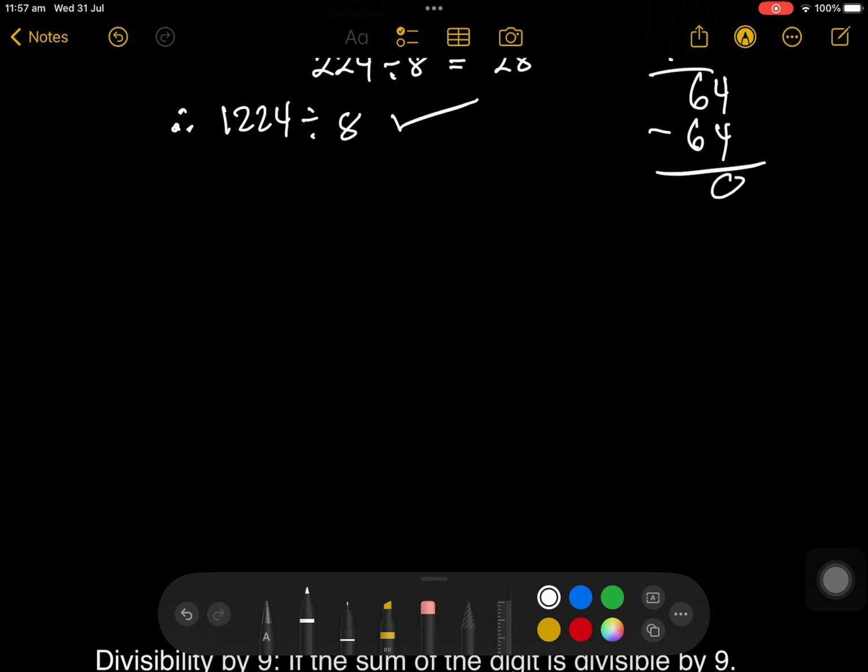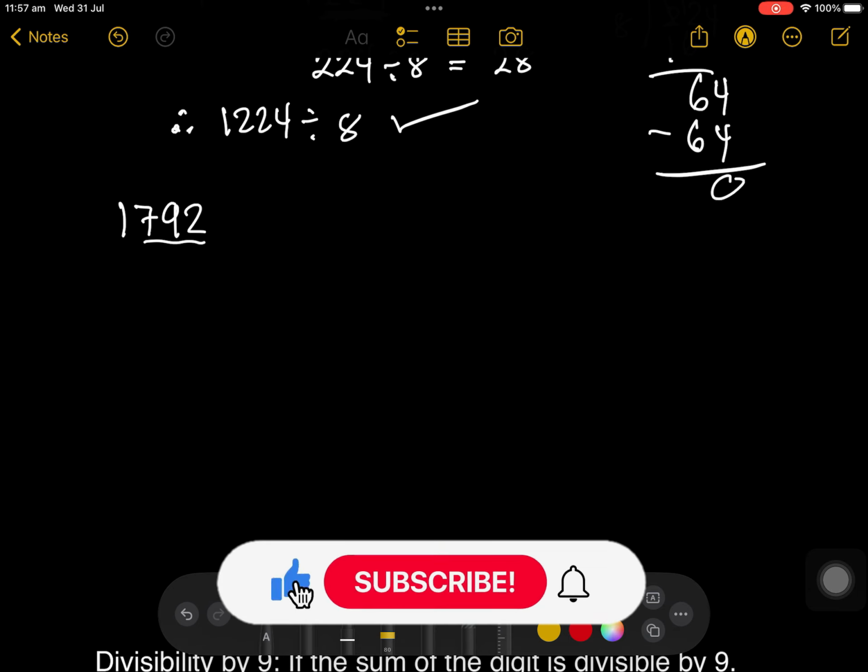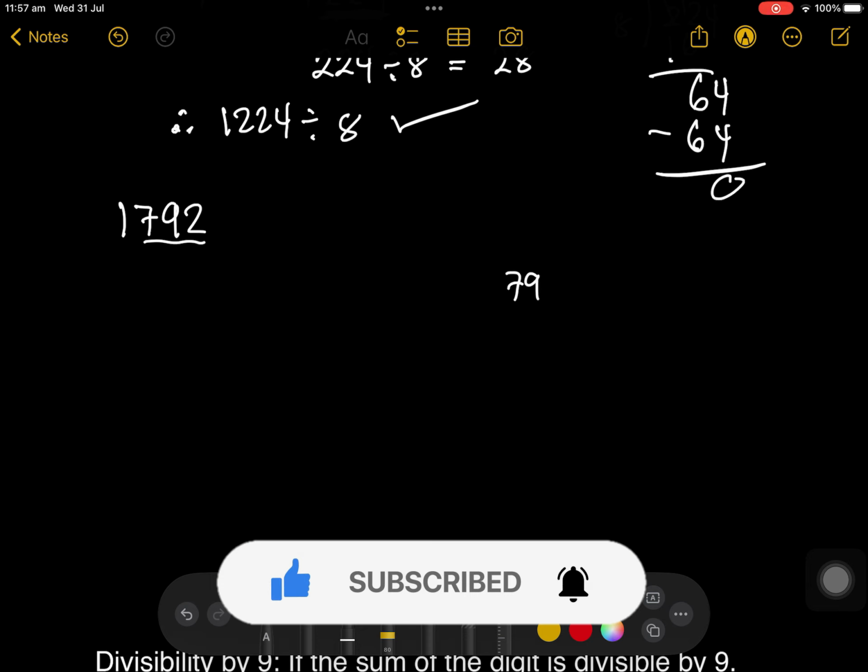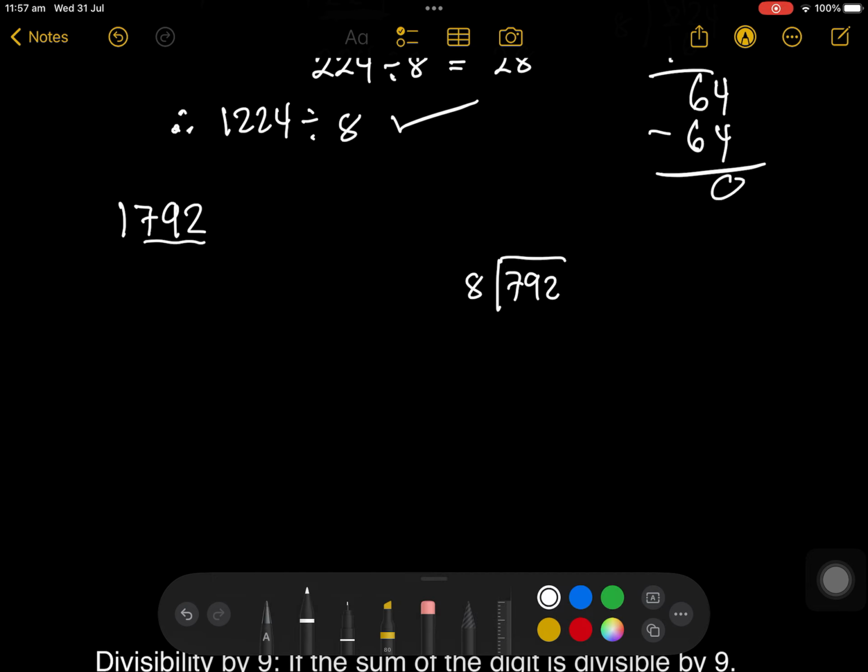Okay, let's have another example. If you have 1792, the last three digits are 792. Now let's test if 792 is divisible by 8. 79 divided by 8 is 9. 9 times 8 is 72. 79 minus 72 is 7.